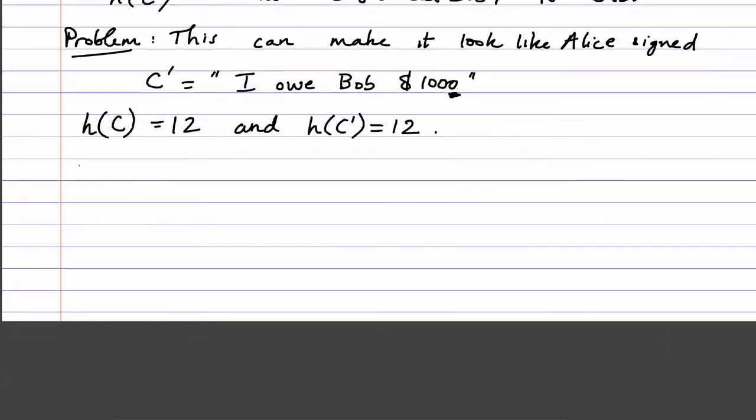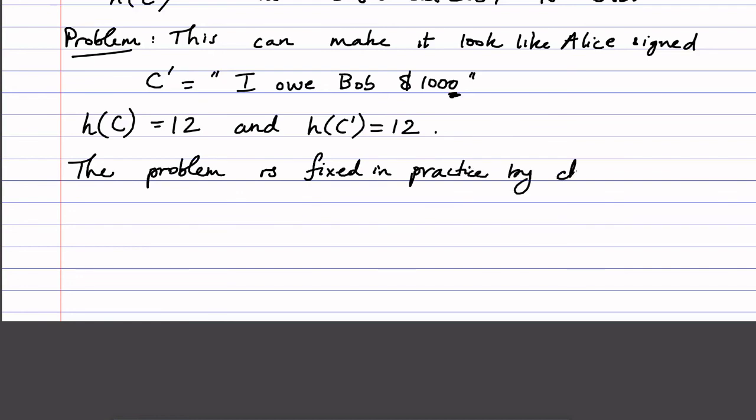So the problem is fixed in practice by choosing complicated functions H. Now, in real-world applications, there are contracts C and C prime where, when you plug them into real hash functions, they will give the same value.